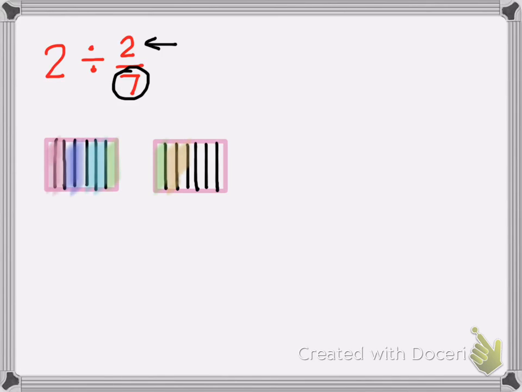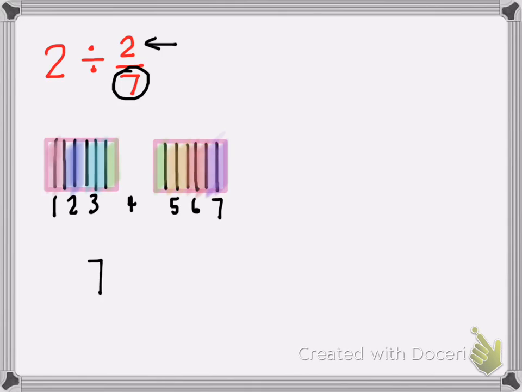There's 1, there's 2, and I can keep going with more colors. So now let's count them up. We've got 1, 2, 3, the greens are 4, 5, 6, 7. So it looks like my answer is 7. There's nothing left over this time, so my answer is 7.